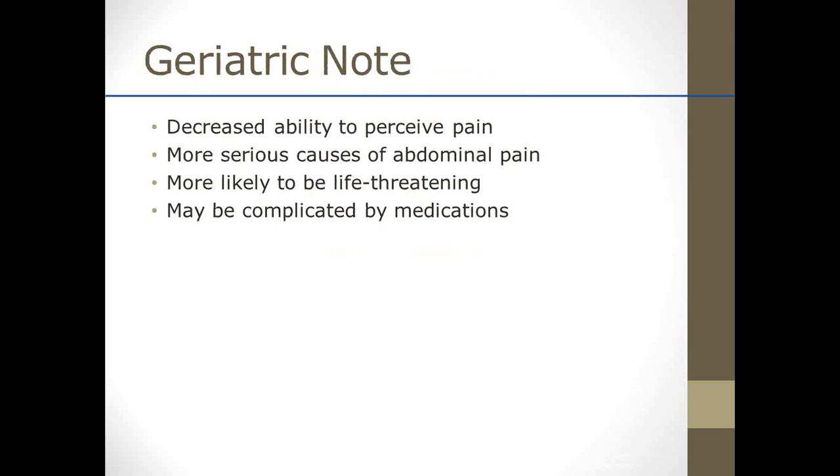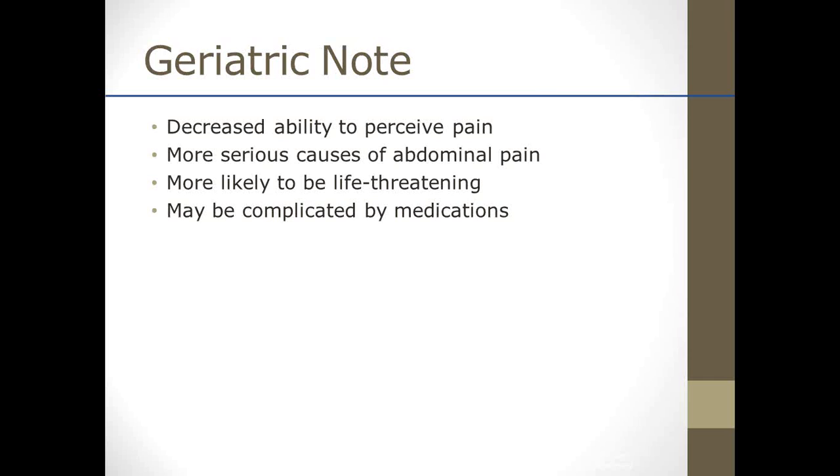So our geriatric note is our older people start to lose their ability to perceive pain because their nerves start to wear out. And diabetics are exactly the same. Diabetics lose their ability for the nerves to operate like they should. So those classes of people are not going to be able to perceive pain the same as someone that's younger and healthier.